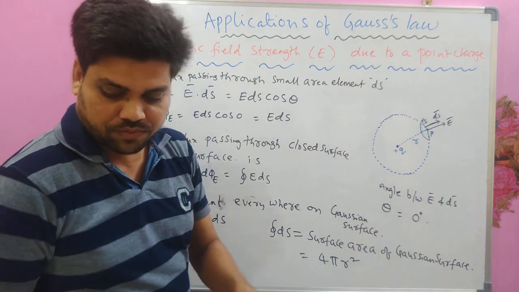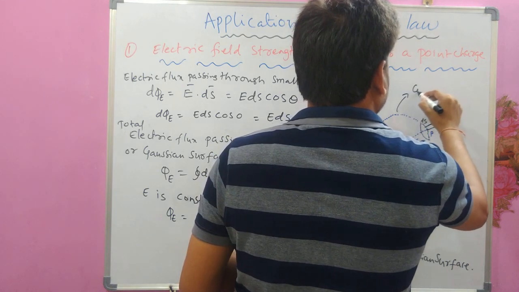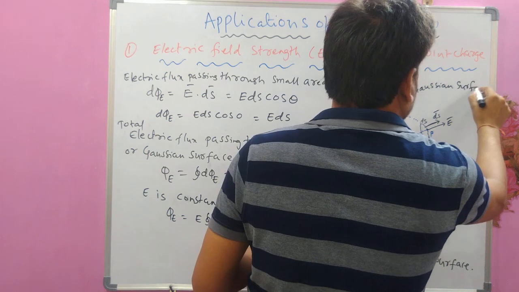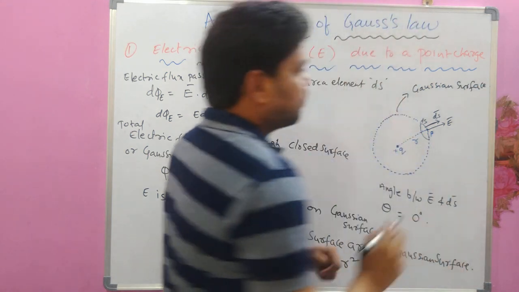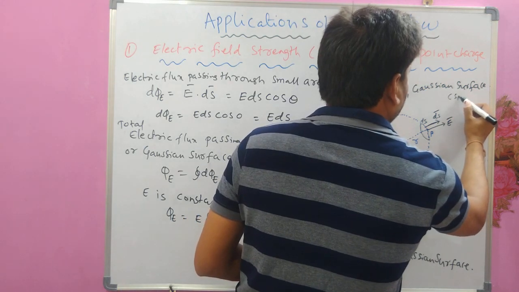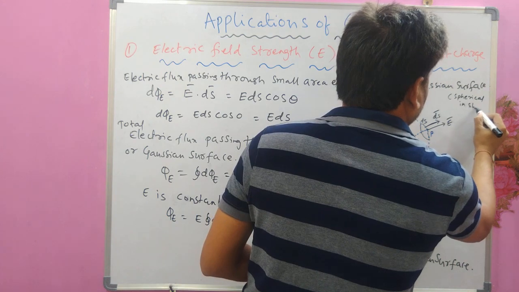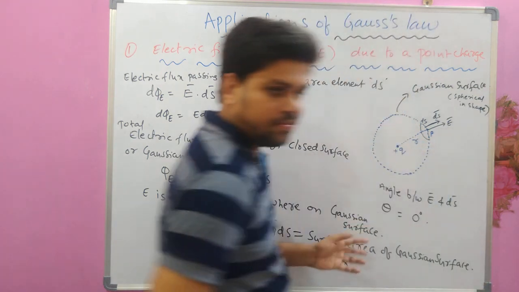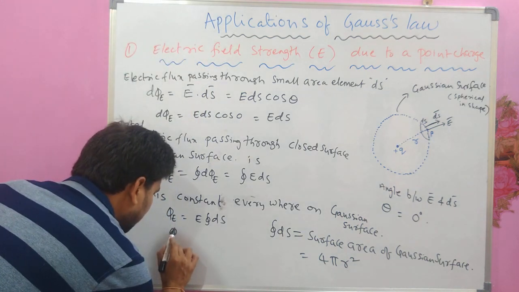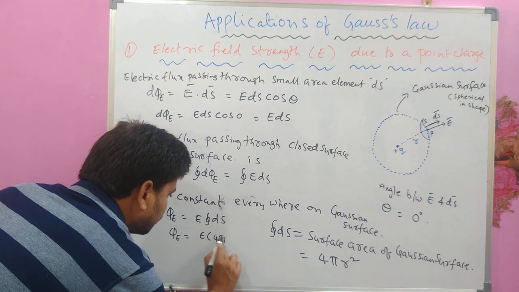See, our Gaussian surface is spherical in shape. So integral dS is 4πr², and the total electric flux is equal to E into 4πr².